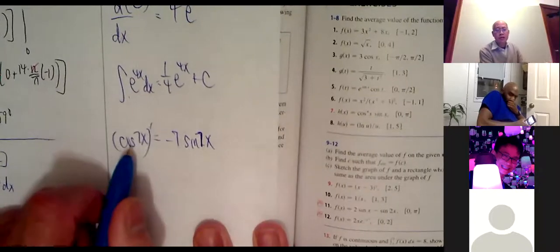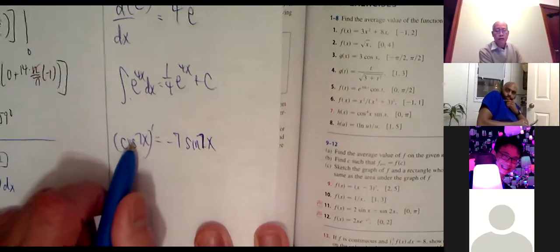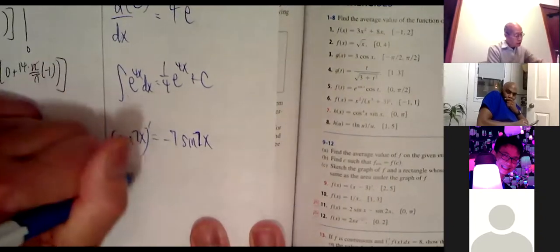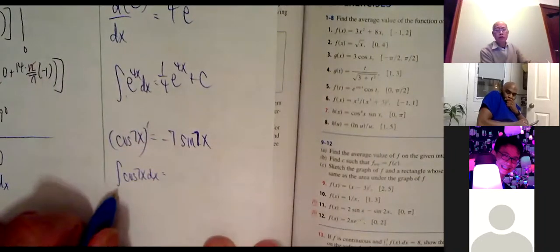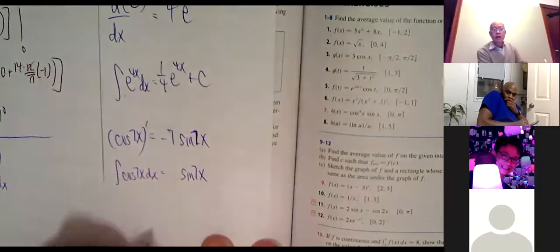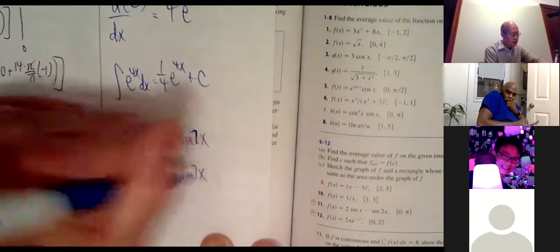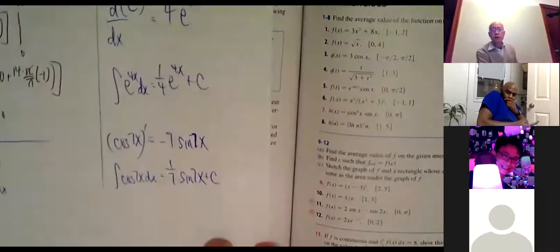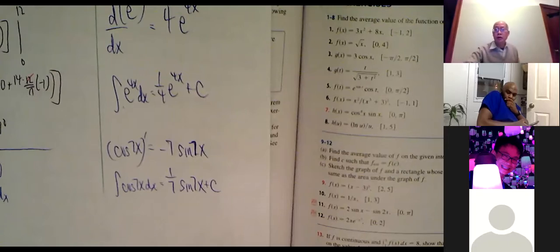Right, so what happened? I multiplied by 7. Therefore, if I integrate, I would divide by 7 or multiply by 1/7. So the integral of cosine of 7x dx, integral of cosine is sine. And this time I don't multiply by 7, I multiply by 1/7. Just because integration and differentiation are opposite operations.